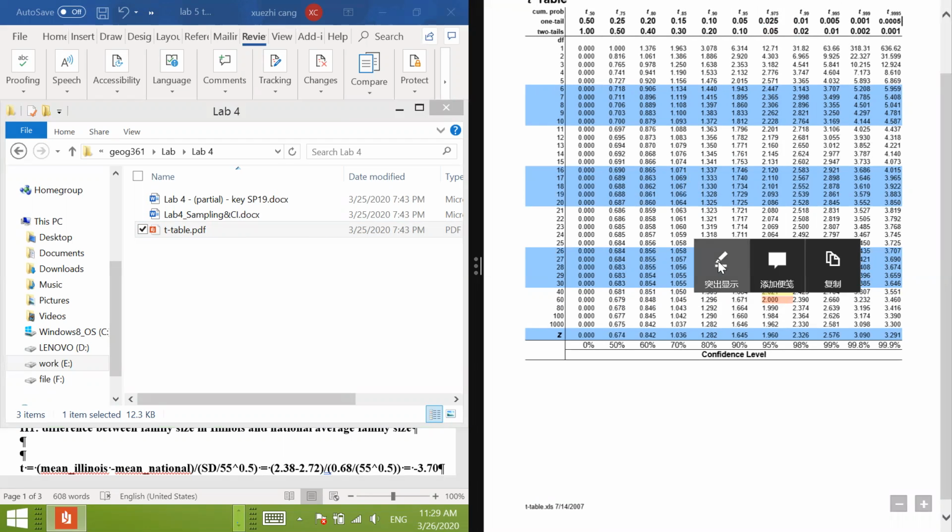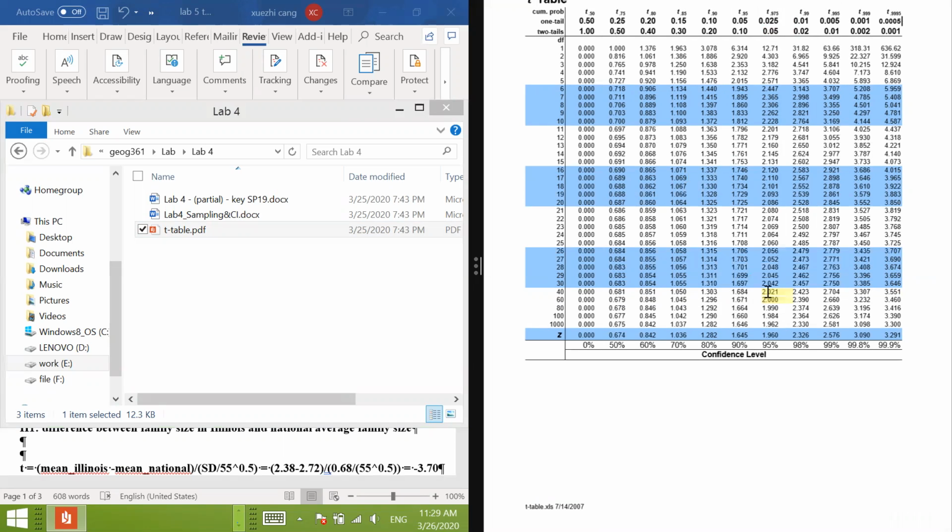It means our critical t value is between these two values. So here I just used 2.0 as our critical t value.